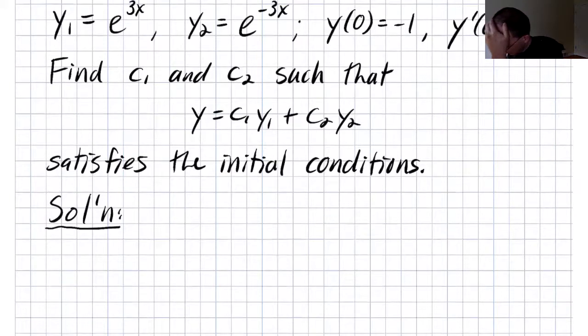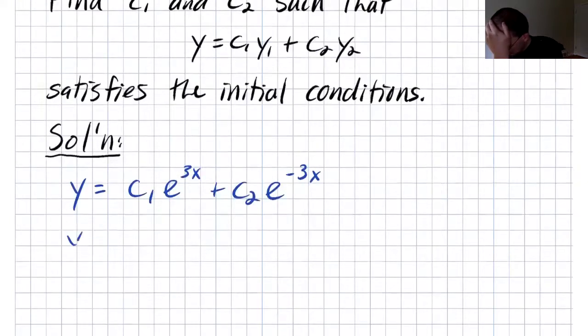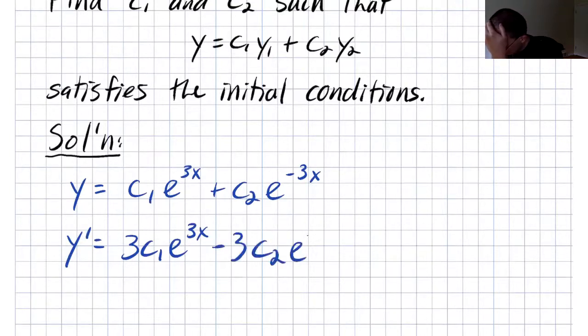Okay, so what do we need? y is c1 e to the 3x plus c2 e to the negative 3x. And therefore y prime is equal to 3c1 e to the 3x plus, oh no, it's minus actually, minus 3c2 e to the negative 3x.